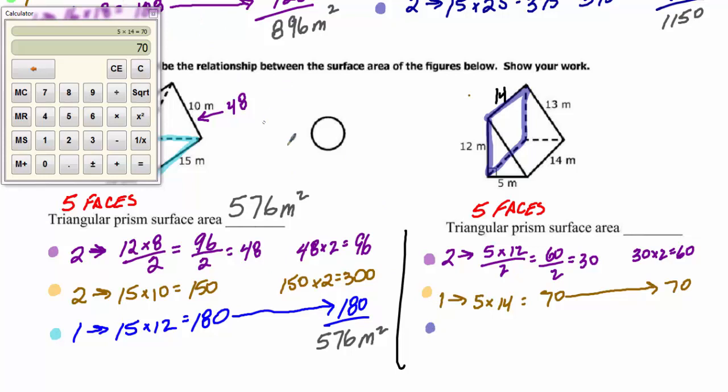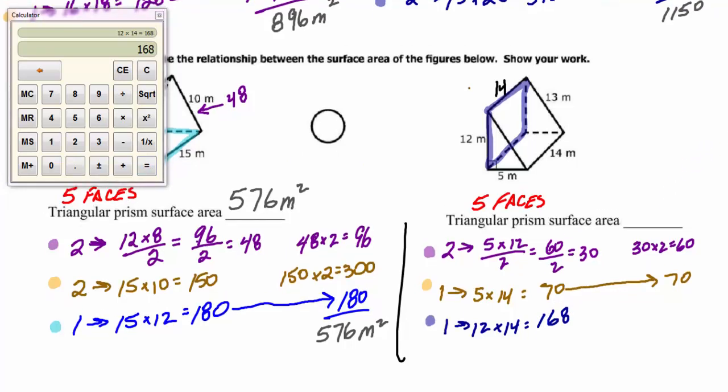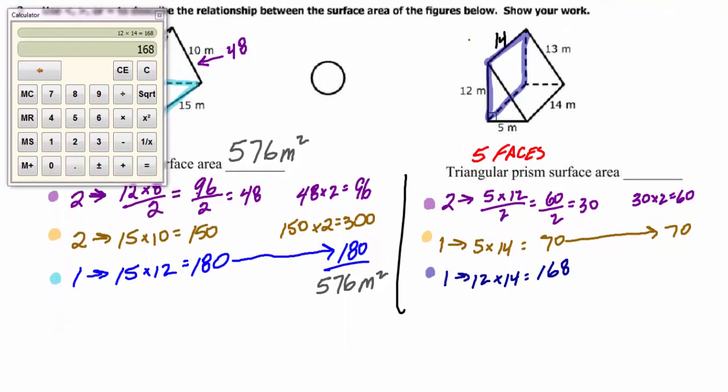There's one of those, one face, 12 by 14. So 12 by 14 for a total of 168. I need to scroll just a little bit so we don't lose our work on this problem. And then finally, let's bring that 168 over.